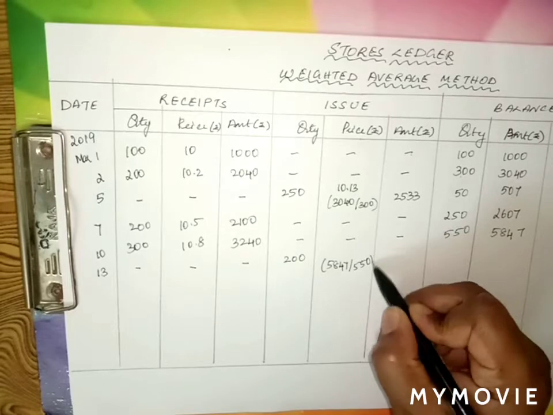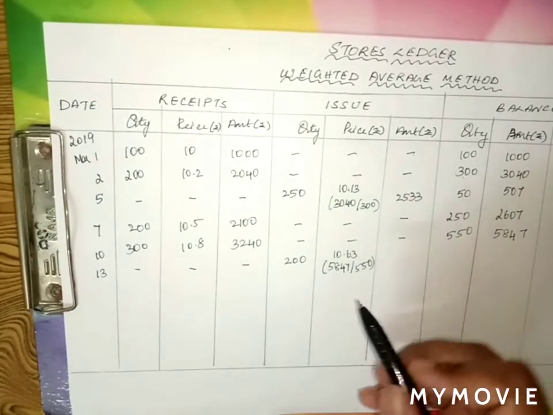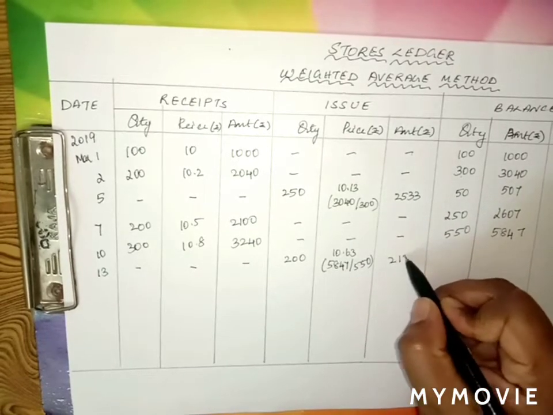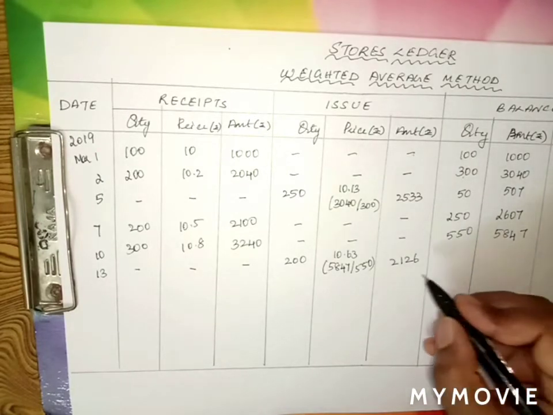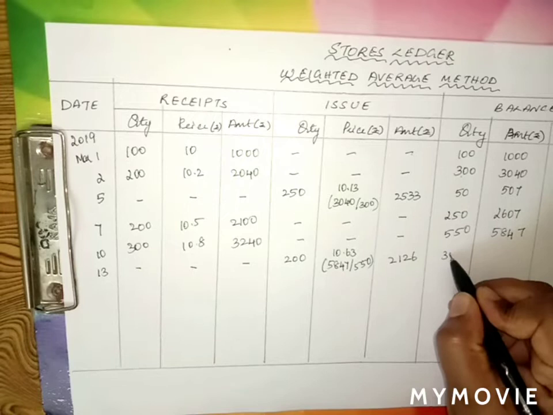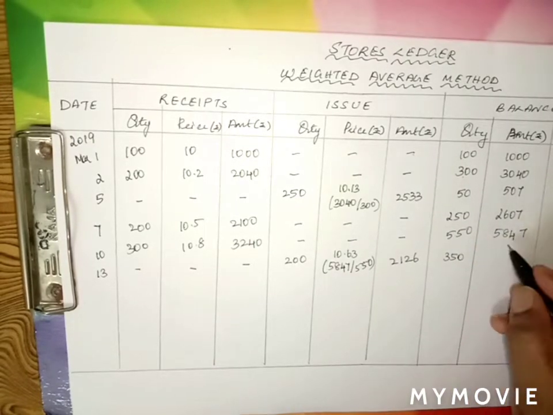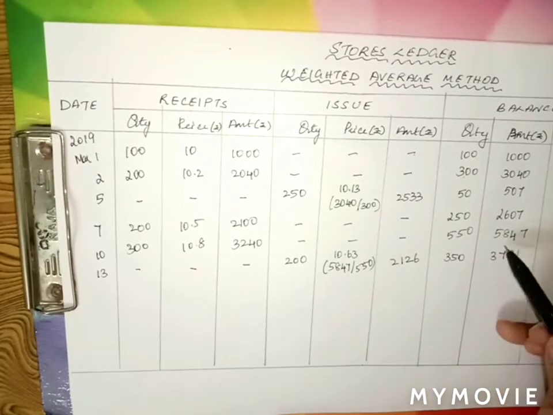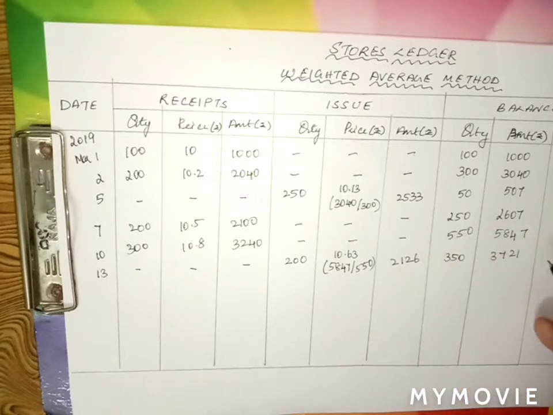If you divide it, you will get 10.63. So the value of issue is 2126 rupees, and the balance of the material available is 350 units and the value of the material is 3721. Out of 5847 minus 2126, you get the value of the balance available.